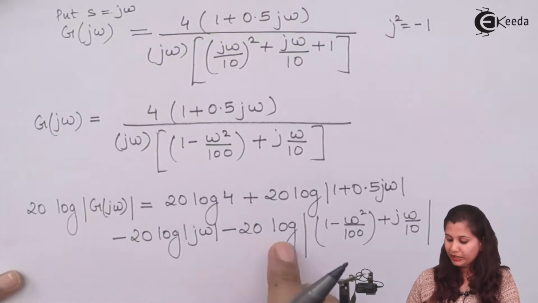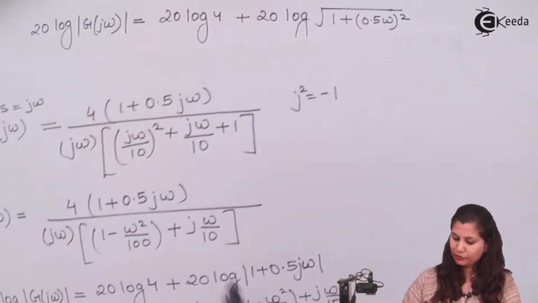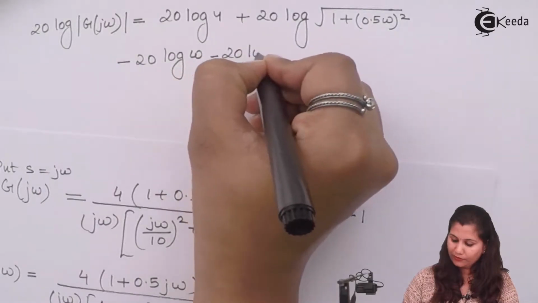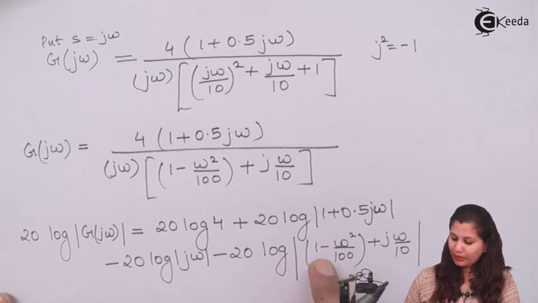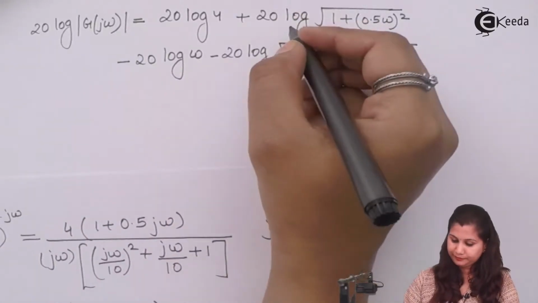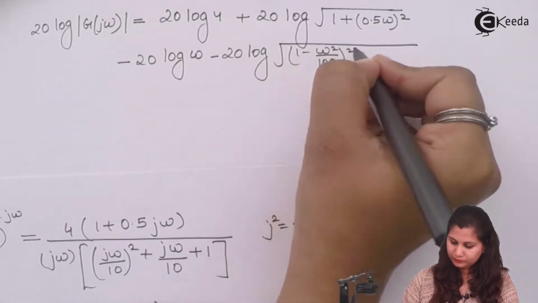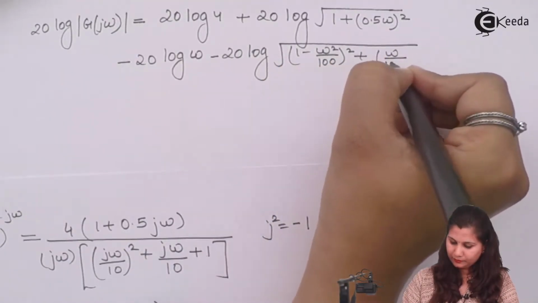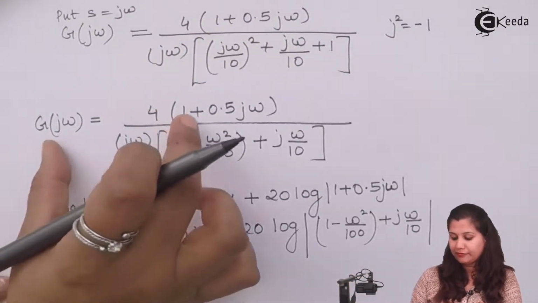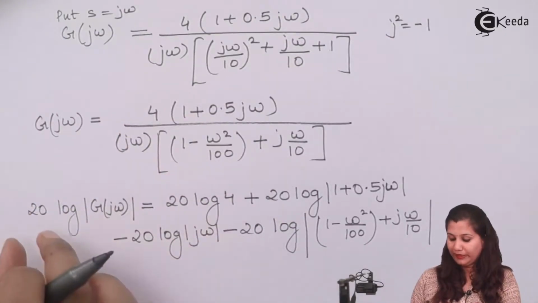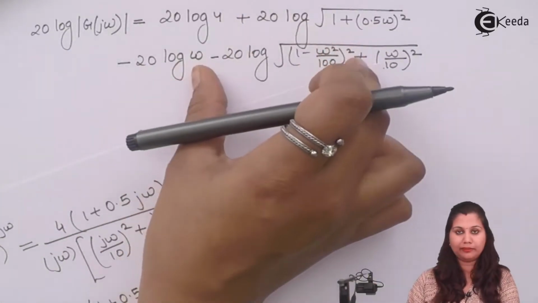Then minus 20 log of under root of the square of the real part, 1 − ω²/100, plus the square of the imaginary part, ω/10. So what we have done, we have calculated the magnitude and then 20 log of the magnitude, and then we just simplified it.